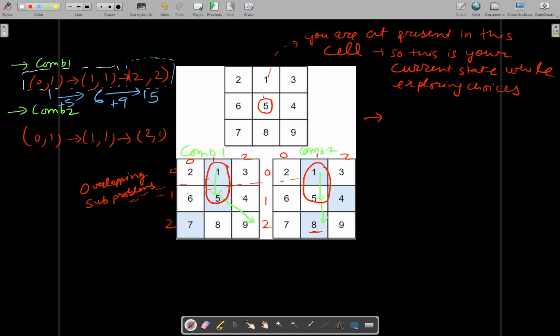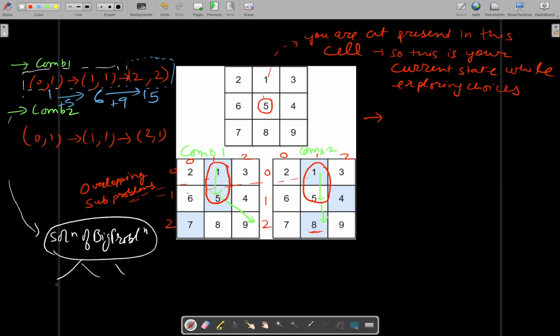So right now what you can say, by this observation, is that the solution of bigger problems can be formed by combining the solutions of smaller subproblems. Let's call this subproblem 1. This is also a solution of another subproblem, solution 2 and solution 3.